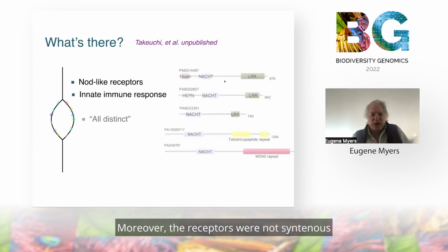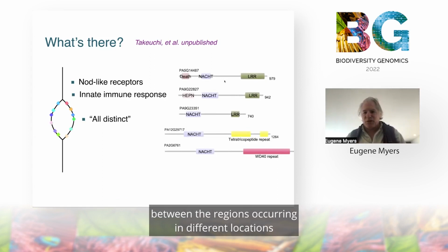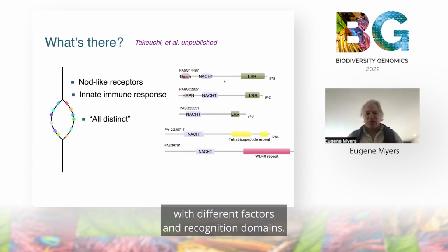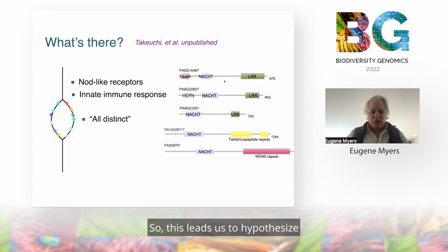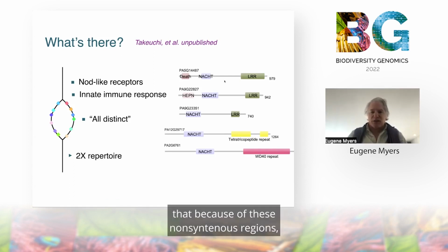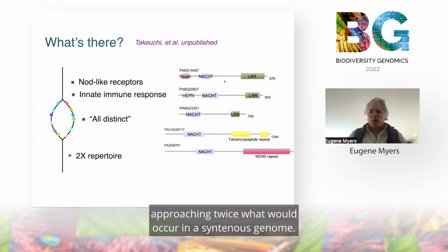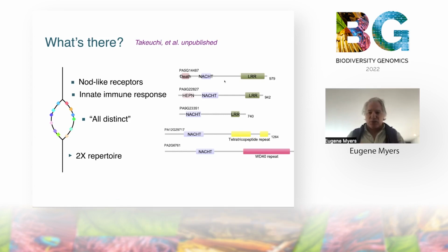Moreover, the receptors were not syntenic between the regions, occurring in different locations and in different copy numbers with different effectors and recognition domains. So this leads us to hypothesize that because of these non-syntenic regions, the pearl oyster has an expanded immunity repertoire approaching twice what would occur in a syntenic genome.